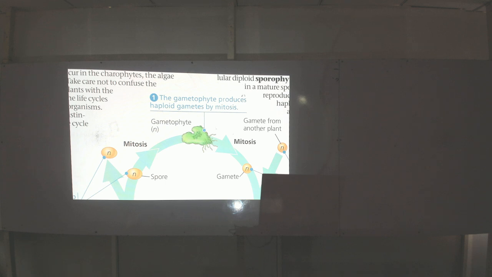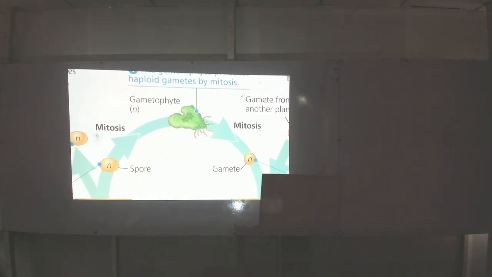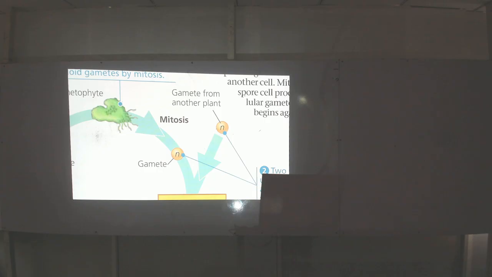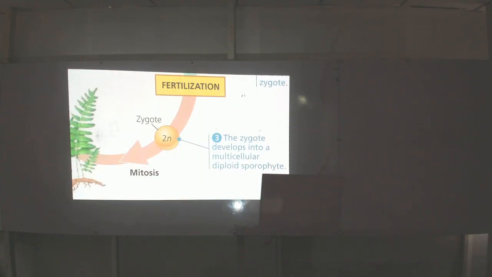Because this was meiosis, no? Meiosis again halves the number of DNA. Then the gametophytes produce gametes by mitosis. Why? Because they are already haploid. So they are going to get another gamete from maybe another plant, and you are going to have a fertilization, and you're going to get a diploid zygote.